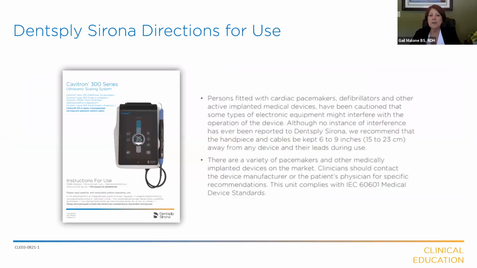So as I bring this around full circle, in summary, from a Dentsply Sirona perspective, and really just from a best practice perspective, always follow the IFU for the device that you are using to make sure that you're within the parameters of what that manufacturer recommends for using that particular device on patients who have these electronic devices implanted.